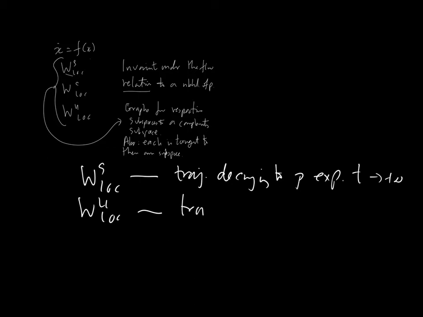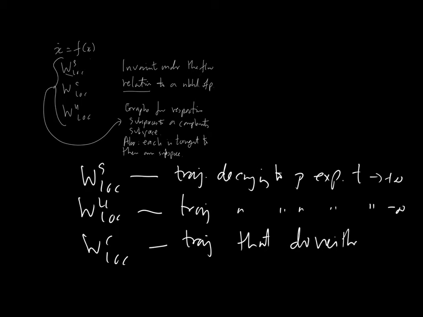Wu loc consists of trajectories decaying to P exponentially as t goes to minus infinity. And Wc loc contains trajectories that do neither. So they do not decay exponentially in either forward time or backward time, just like in the linear case. But lots of different things could happen on the center manifold.